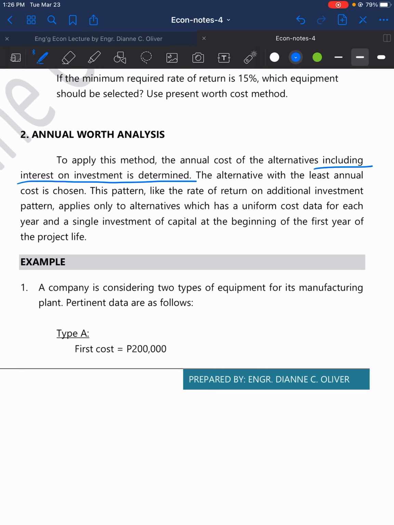The alternative with the least annual cost is chosen. This pattern, like the rate of return on additional investment, applies only to alternatives which have uniform cost data for each year and a single investment of capital at the beginning of the first year of the project life.